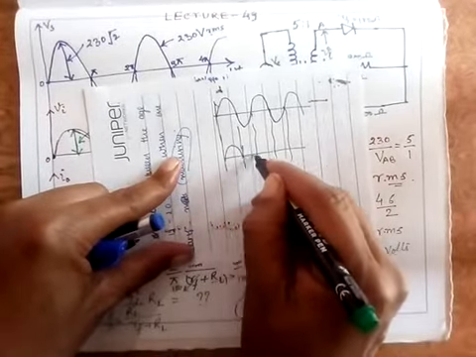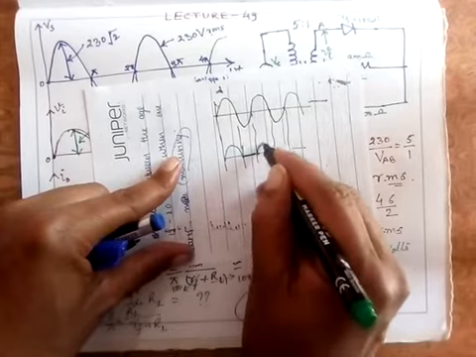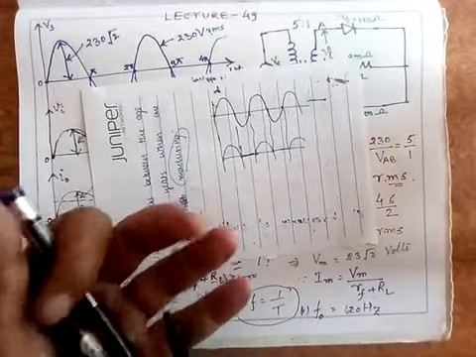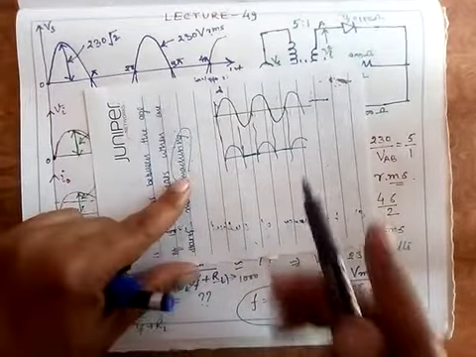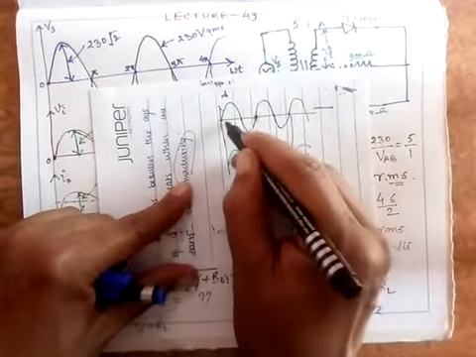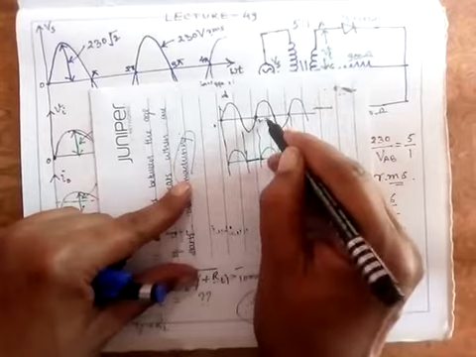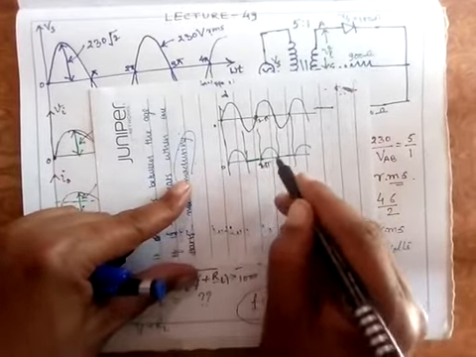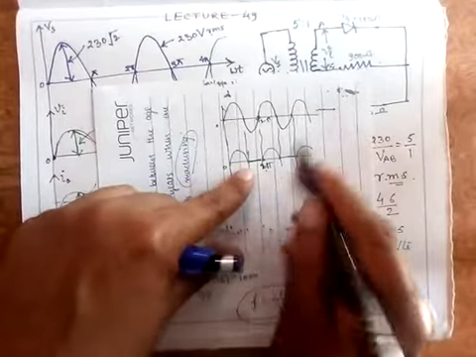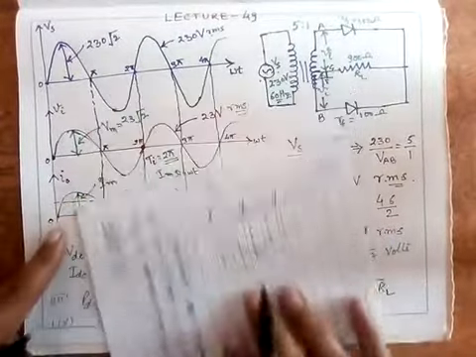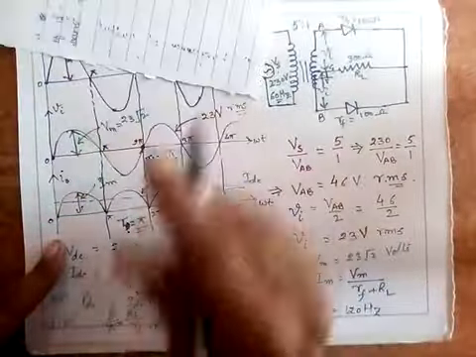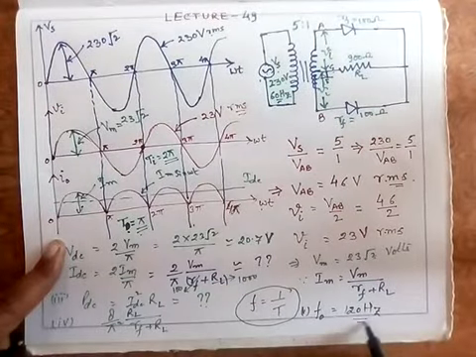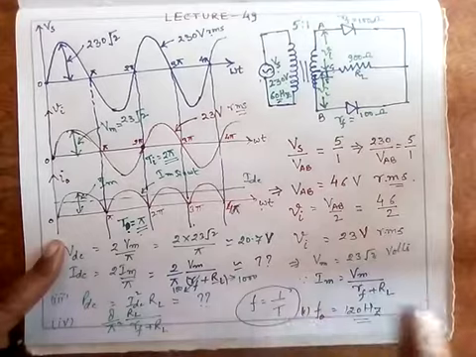This is the waveform for the half wave rectifier. So the time period is the same. It is repeating after 2 pi, from 0 to 2 pi, and here also it is repeating after 2 pi only. So for a half wave rectifier, the frequency remains the same. On the other hand, in a full wave rectifier, since the time period is halved, the frequency is doubled.